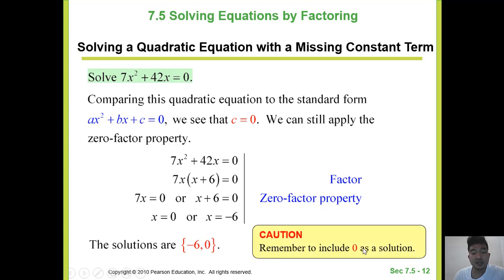Remember to include 0 as solution. Take note, sometimes students do not include 0 as a solution of the quadratic equation, kaya nagkakamali sila. So 0 still should be included in the solution because it's still a number.